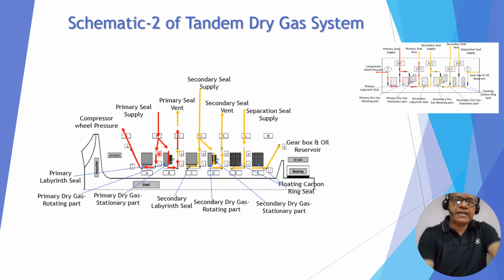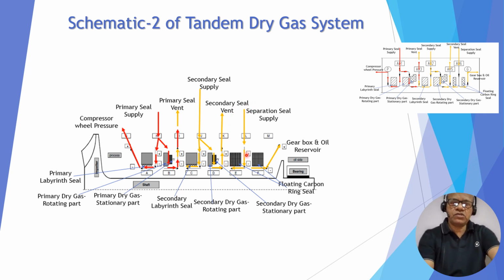This is the primary supply, which is hydrocarbon. Most of the gas goes this side, and there is minimum leakage which goes to the primary seal vent. Then the high pressure nitrogen is the secondary dry gas seal supply; most of the gas passes through the labyrinth and goes to the primary vent. A few leakages occur between the secondary dry gas seal faces and go to the secondary vent.